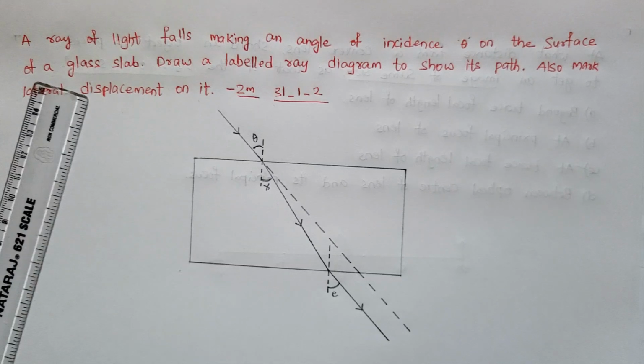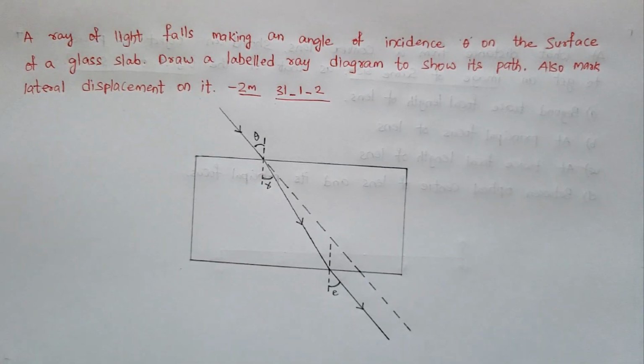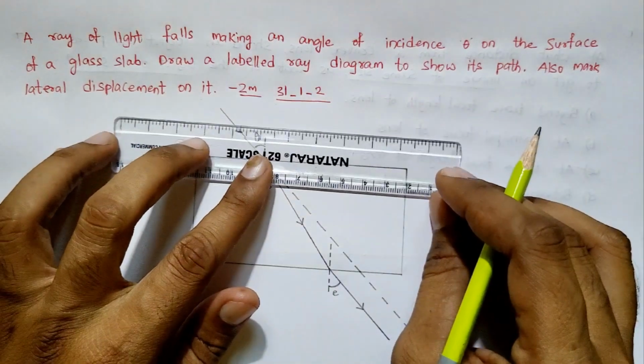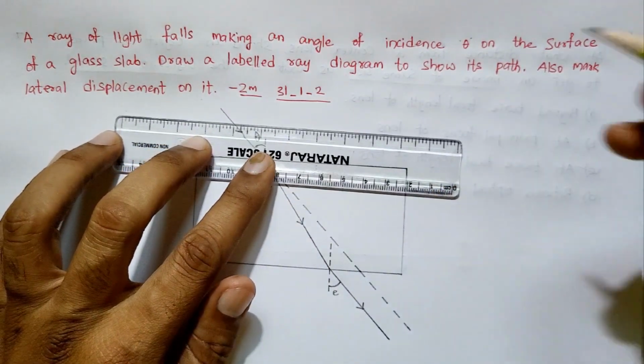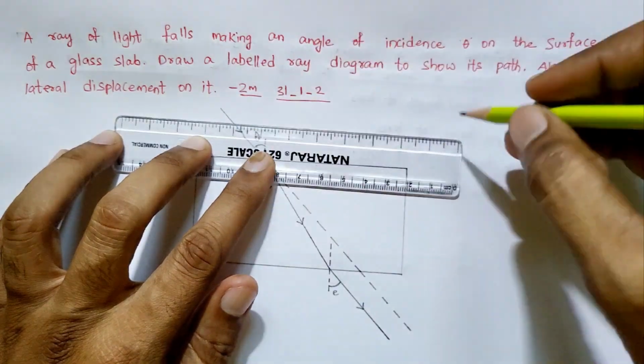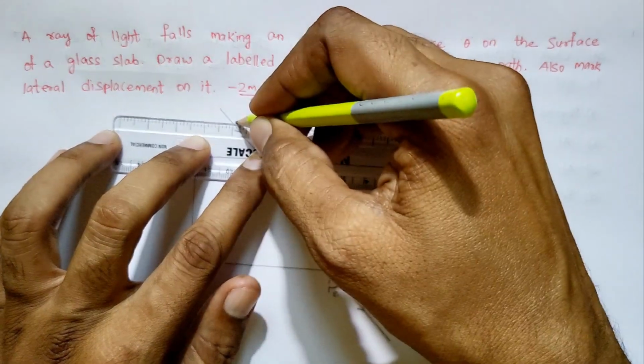So now they ask to label the diagram. So what all can we label? All labelings, if we take to one side, it will look good, right? So this light ray, what is this light ray?